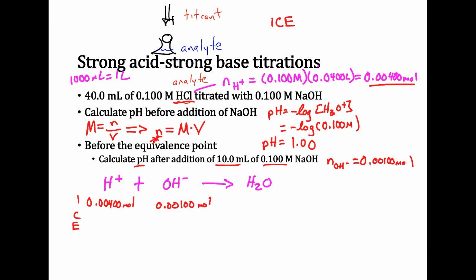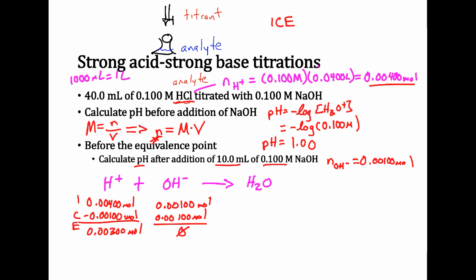Once you have your initial molar amounts entered in, you'll subtract off the smaller amount, which in this case is the moles of hydroxide. So our moles of hydroxide will be completely neutralized, and we'll be left over with a few moles of hydronium, or H plus here. So we have 0.00300 moles of H plus and no hydroxide remaining.